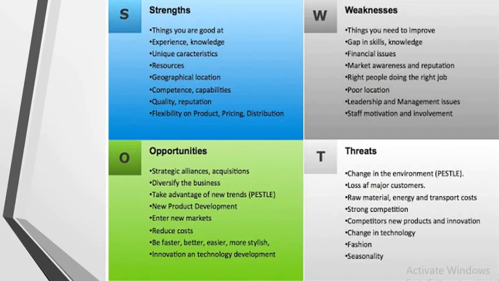Examples of the weakness could be the things you need to improve in your organization: the gap in the skills and knowledge, and the lack of training, financial issues, market awareness and reputation, right people doing the right job, management conflict, employees conflict, staff motivation and involvement issues, poor location of the organization, problems in the distribution channels, and your leadership and management issues.